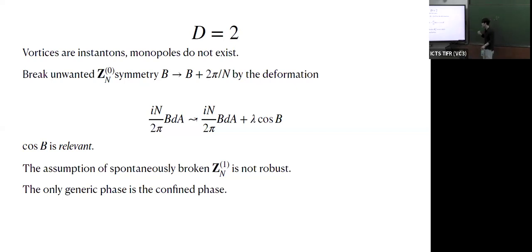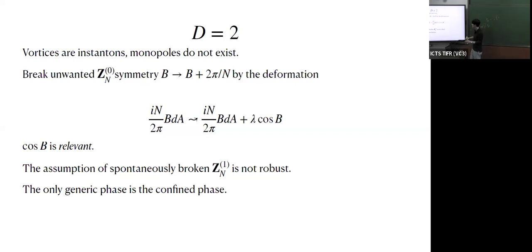You can do this by an explicit computation of the Wilson loop of A. The calculation is basically the same calculation that might be familiar if you've ever studied the two-dimensional Abelian-Higgs model in the Higgs phase. The confinement due to vortex instantons, it's essentially the same calculation. And so we see that the only generic phase is the confined phase. So this explains in very general terms why confinement is so generic.